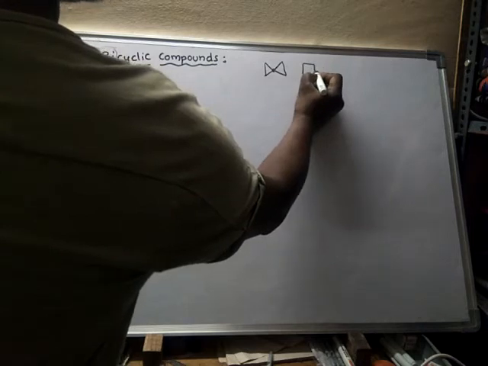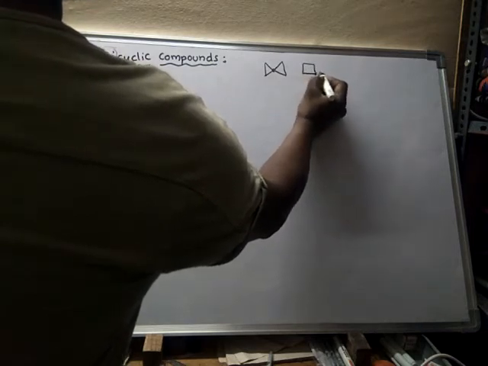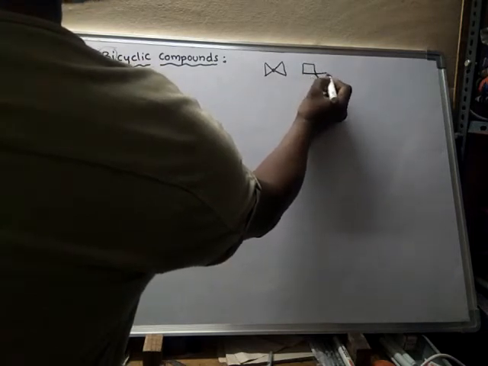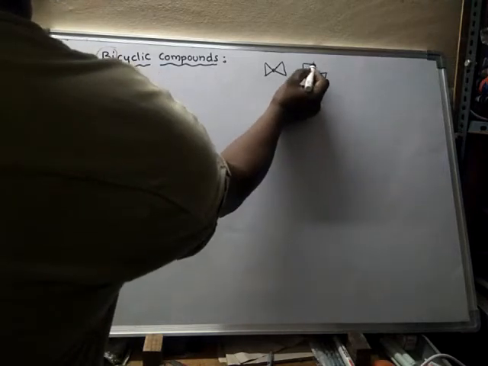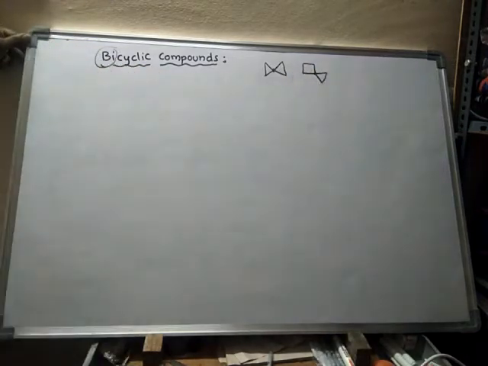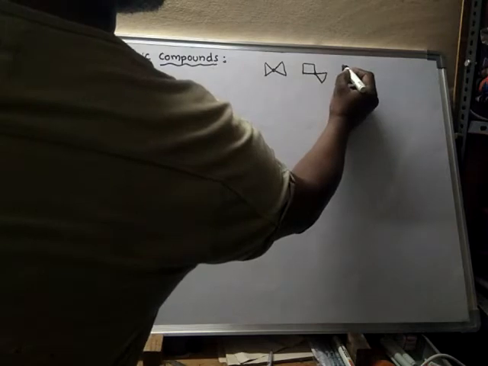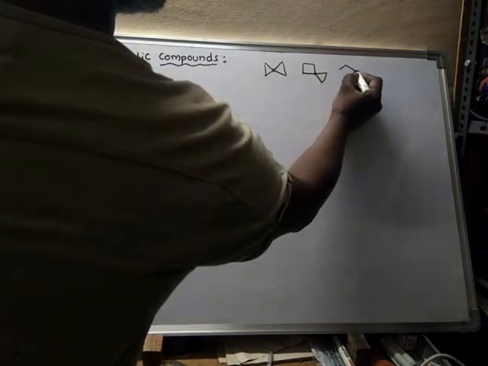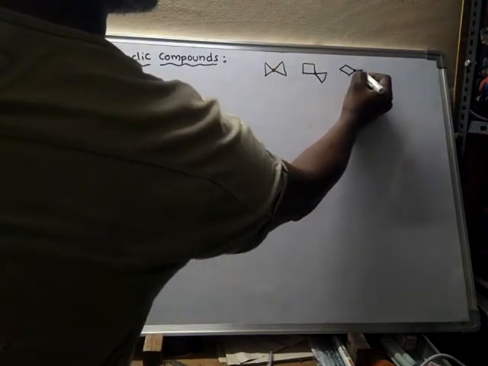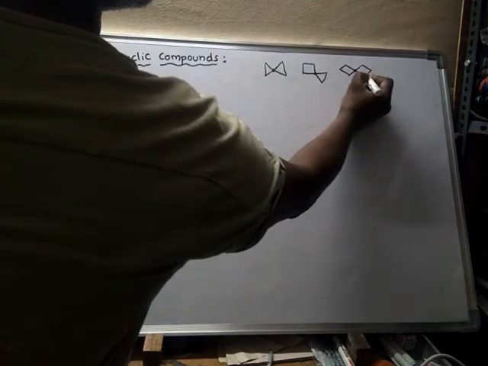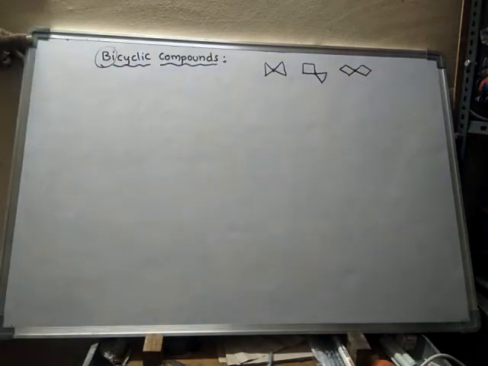Suppose it is like this. Two rings are joined by only one carbon. Here also two rings are joined by only one carbon.